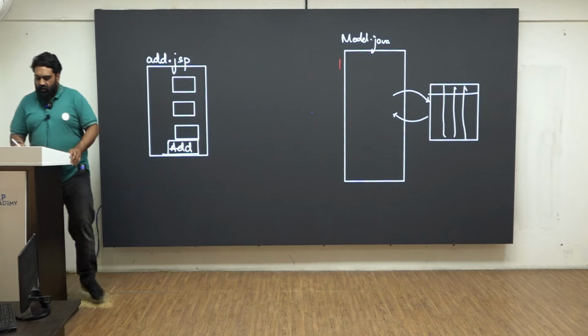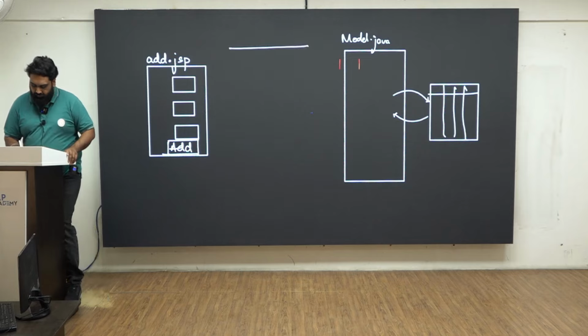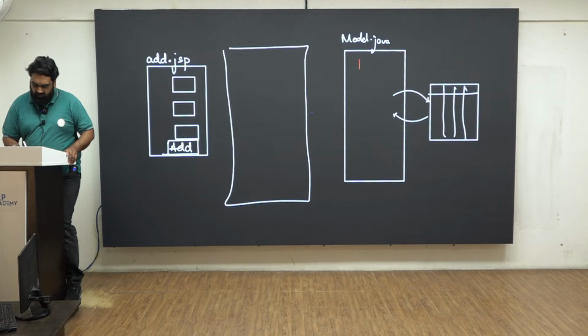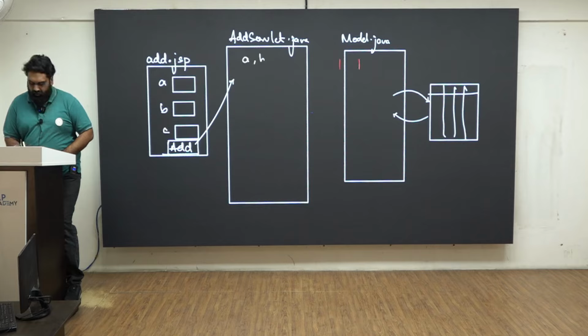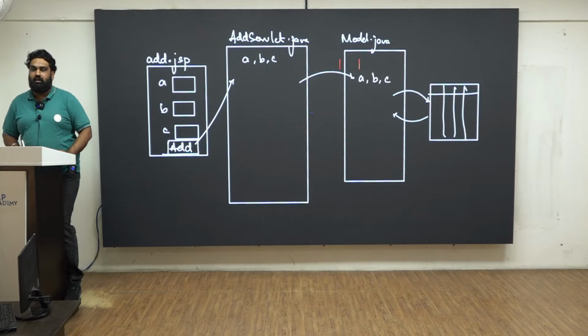So, for that, I will write one class which I will call a servlet class called addservlet.java. Addservlet.java will be called when I click on the add button. Whatever details I have, let us assume A, B, C, it is going to collect, and then it is going to give the values A, B, C to model.java.